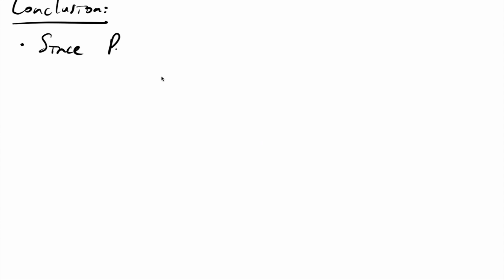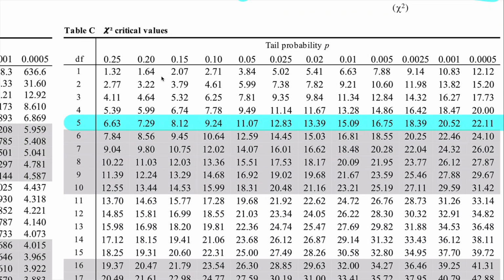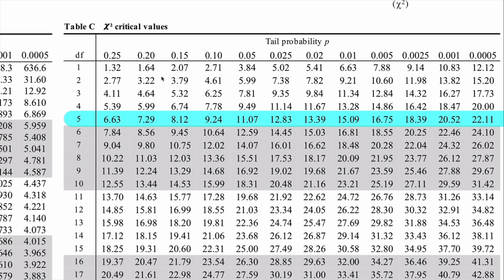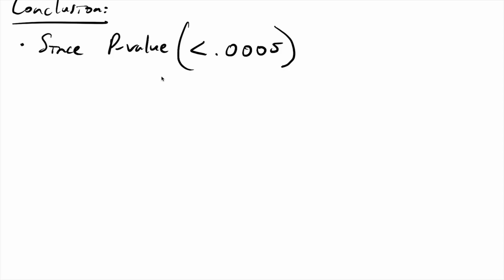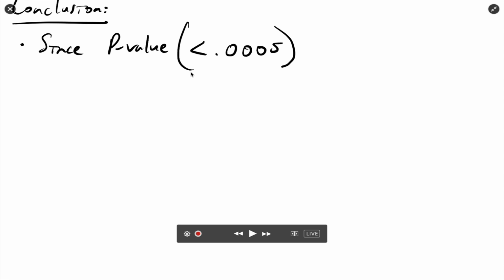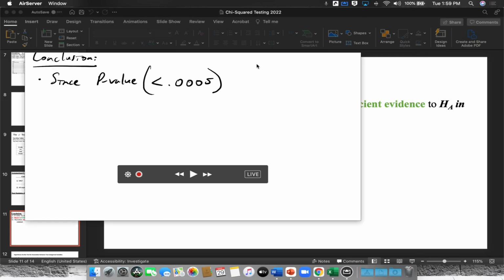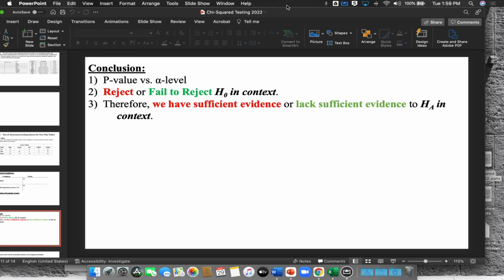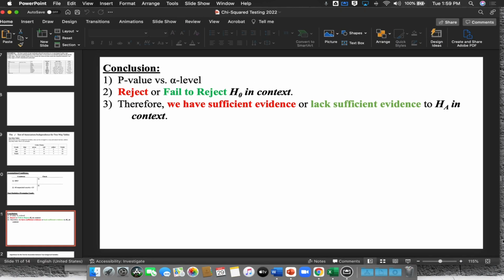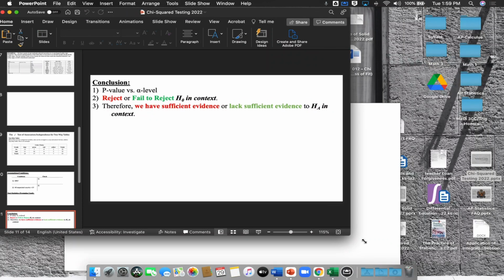Since p-value is less than 0.0005, okay. Let me try to get these on the same line.